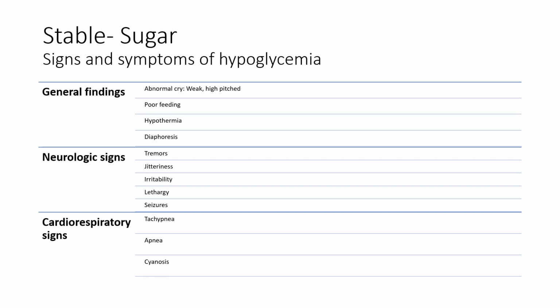So, general findings for hypoglycemia, because they're not going to tell you I feel weak: abnormal cry, the cry is weak and high pitched. Poor feeding, hypothermia, diaphoresis. Neurological signs: tremors, jitteriness, irritability, lethargy, seizures. Cardiorespiratory signs: tachypnea, apnea, cyanosis. Kind of the same things that we'll see in kiddos, even adults.